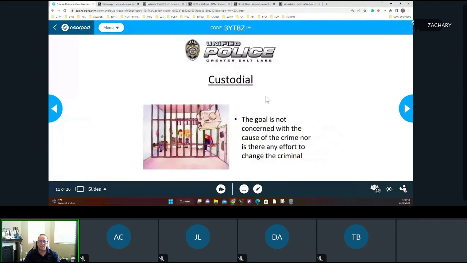Okay, the next one is custodial. So with custodial, the goal is not concerned with the cause of the crime, nor is there any effort to change the criminal.